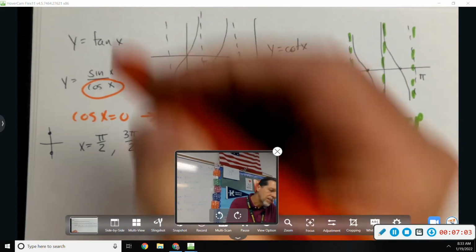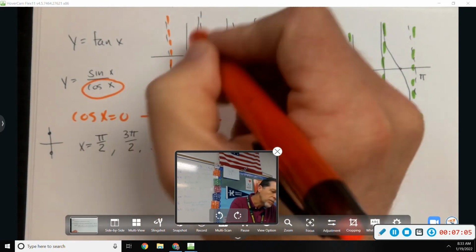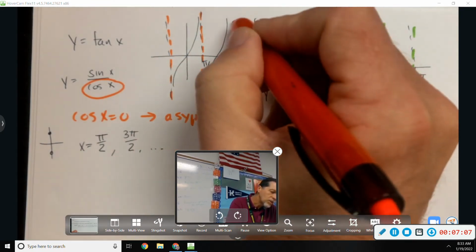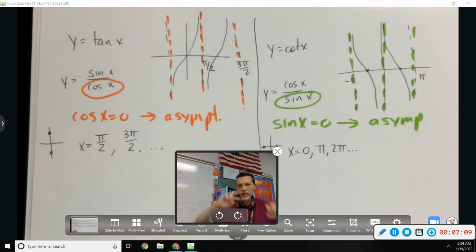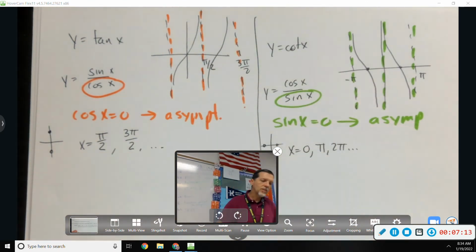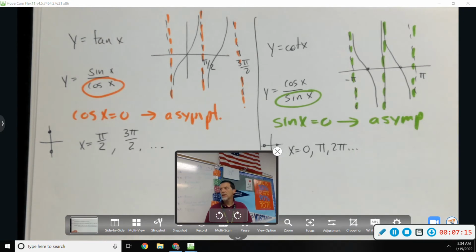So the denominator determines asymptotes, and because tangent and cotangent have different denominators, because they are reciprocals of one another, they have a different set of asymptotes. Does that answer your question?